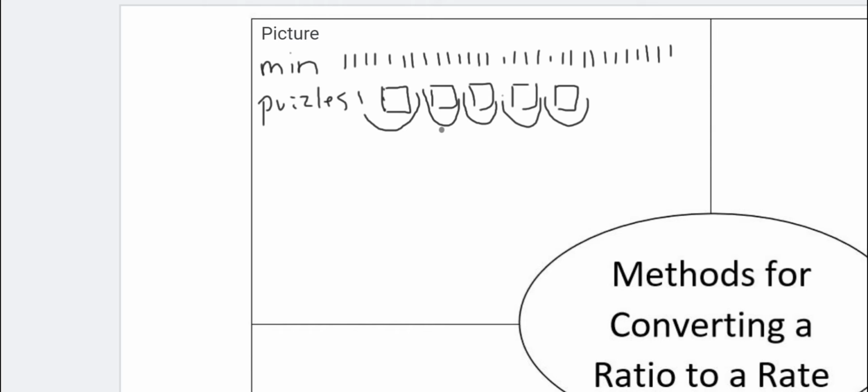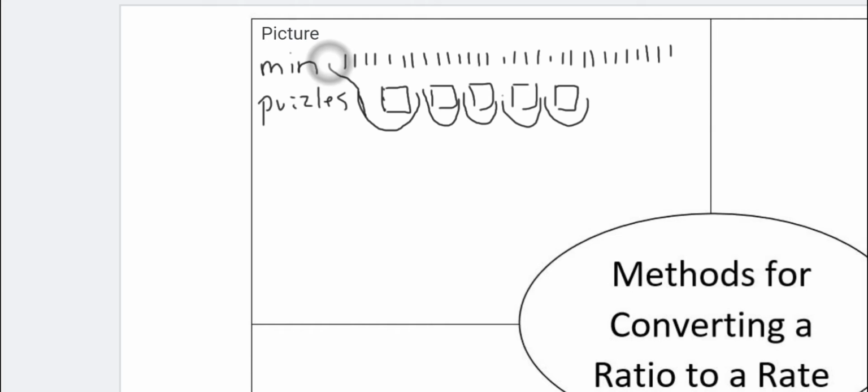So that means I need to break the minutes up into 5 groups, because there's 5 puzzles. If there's 30 tick marks, and I'm going to break it up into 5 groups, that's 30 divided by 5. And 30 divided by 5 is 6. So when I group this, I'm going to put one puzzle with 6 minutes.